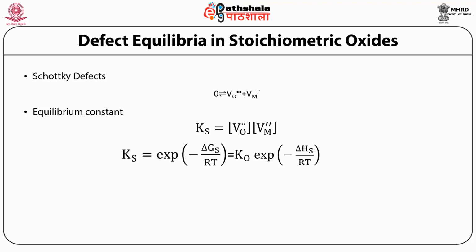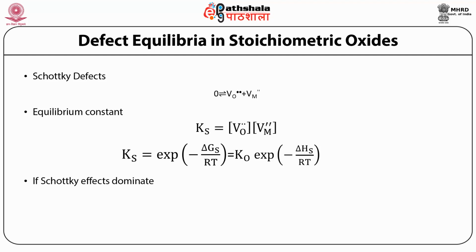That's why the contribution from S, that is entropy, has been neglected and Ks is represented as K naught exponential of minus delta H by RT.